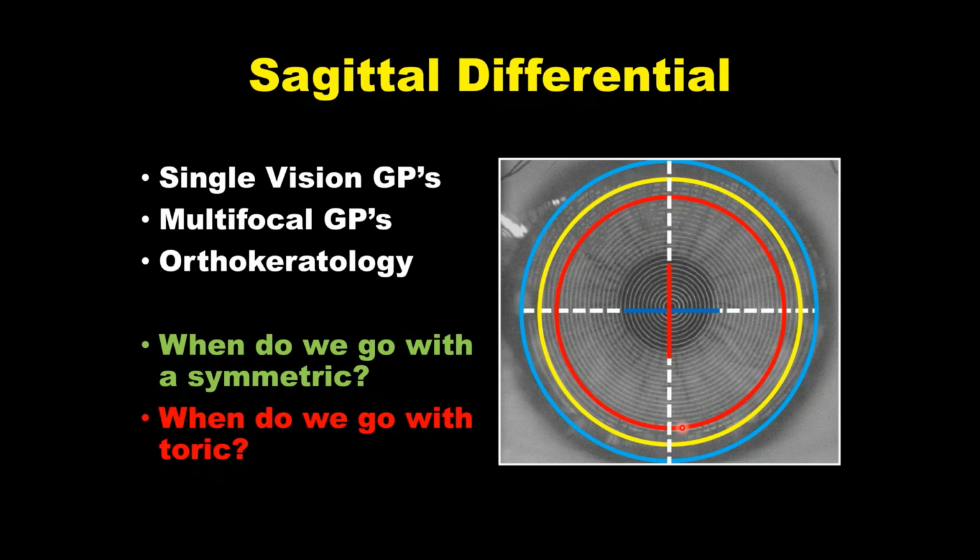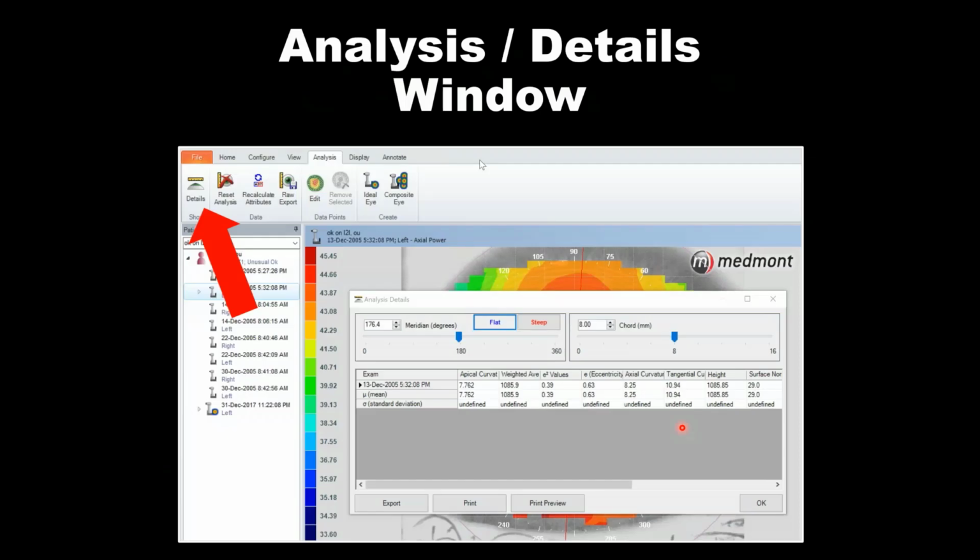That gives us much better perspective on what irregularity or toricity we need to align to. So let's ask ourselves, is the peripheral cornea symmetric or is the peripheral cornea toric? And we can do an analysis that will give us that answer.